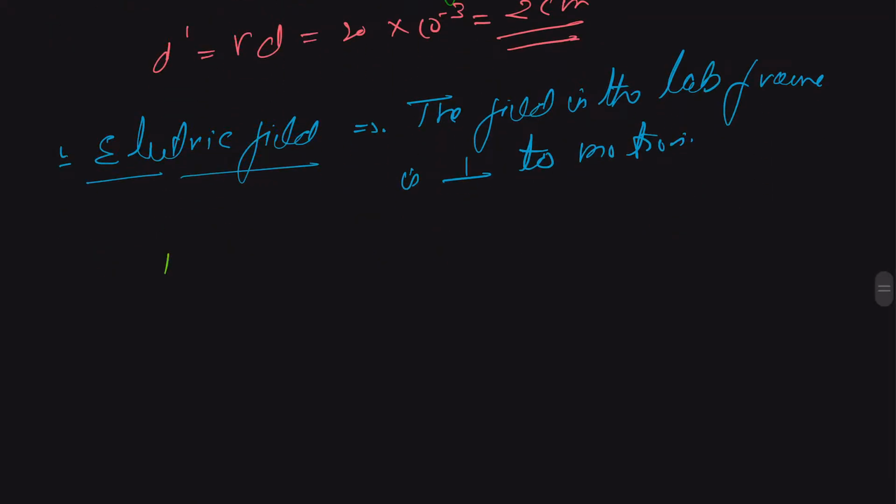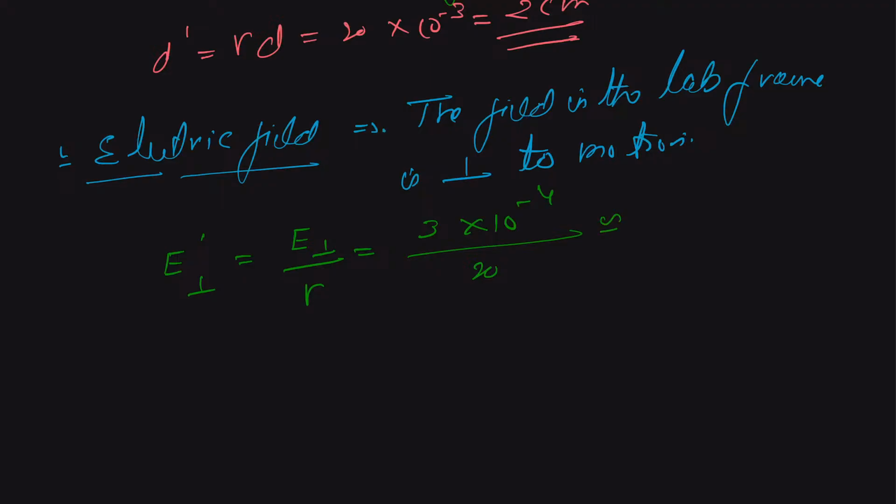Therefore, we can write that our perpendicular field E prime perpendicular will be equal to the original perpendicular field divided by the factor, that is our gamma. And this comes as 2 into, sorry, not 2 but 3 into 10 to the power minus 4 divided by 20.